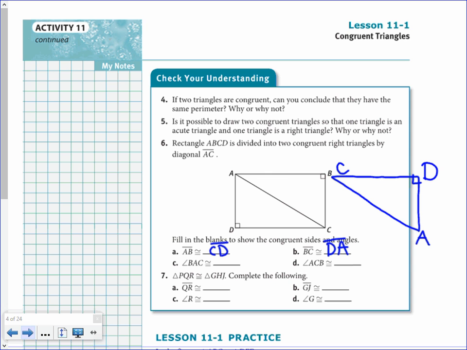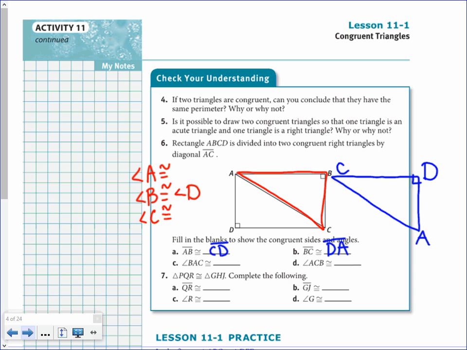On this triangle, I have angle A, angle B, and angle C. Angle B is the right angle, and angle D is the other right angle in my left and bottom triangle. So angle B is going to be congruent to angle D because they correspond.